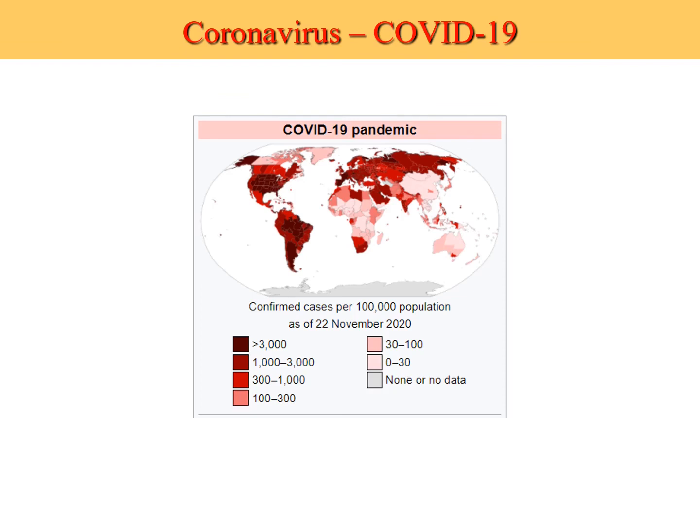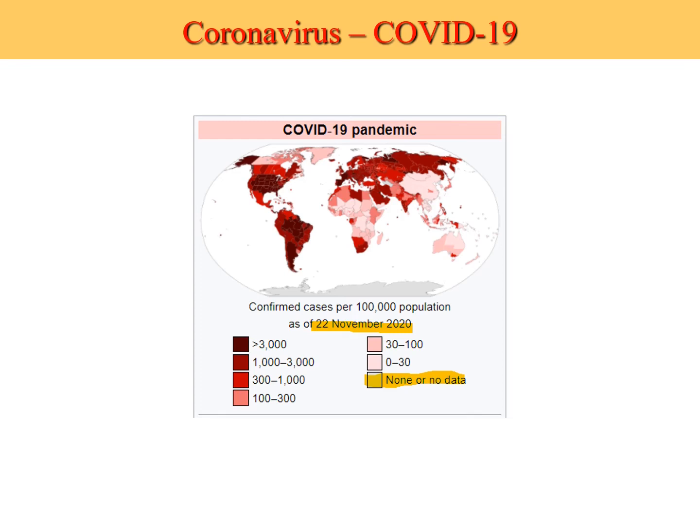This is a map showing, as of November 22nd, 2020, the areas that have cases. These are the infection rates per 100,000 population. Again, the only place where there is no data is North Korea. That doesn't mean anything.